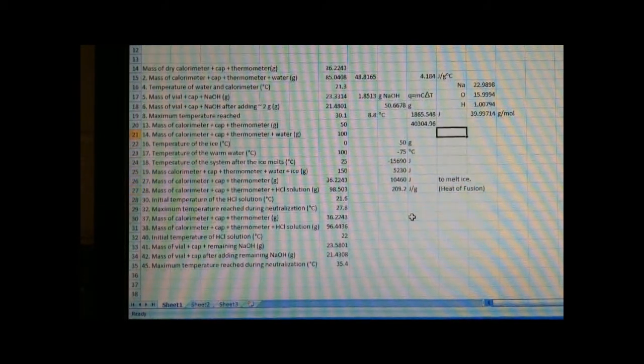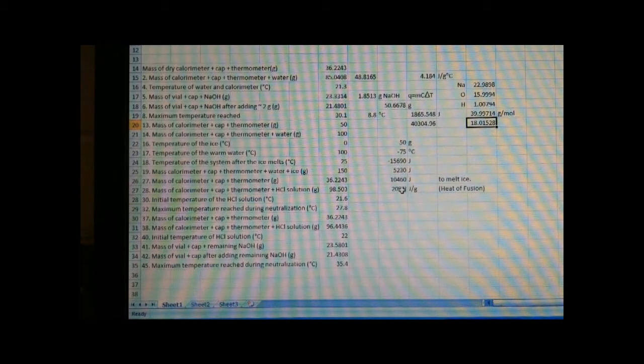Okay, so grams to moles I can calculate here. I have 2 hydrogen and 1 oxygen. Okay, so there's my molar mass for water, 18.01.